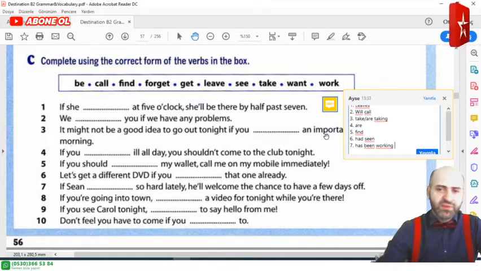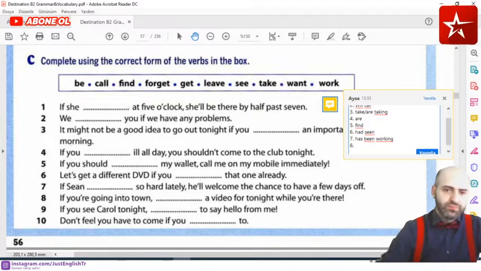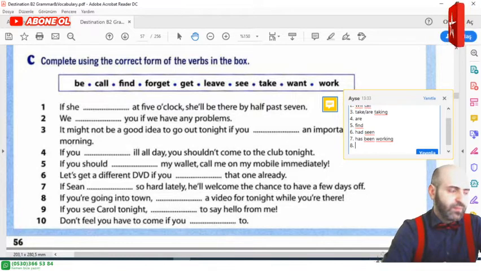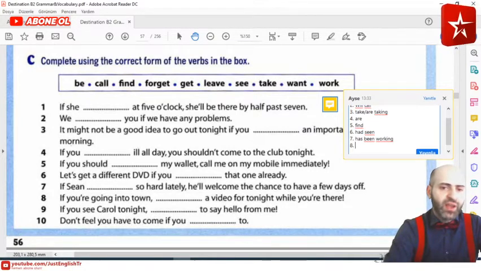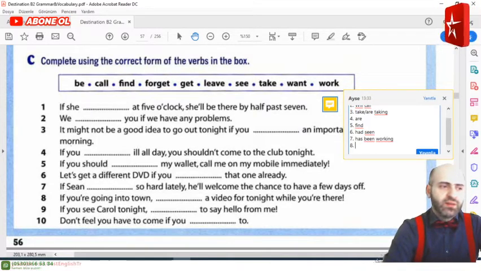What do you think we need to use here? We have one answer, take a video.